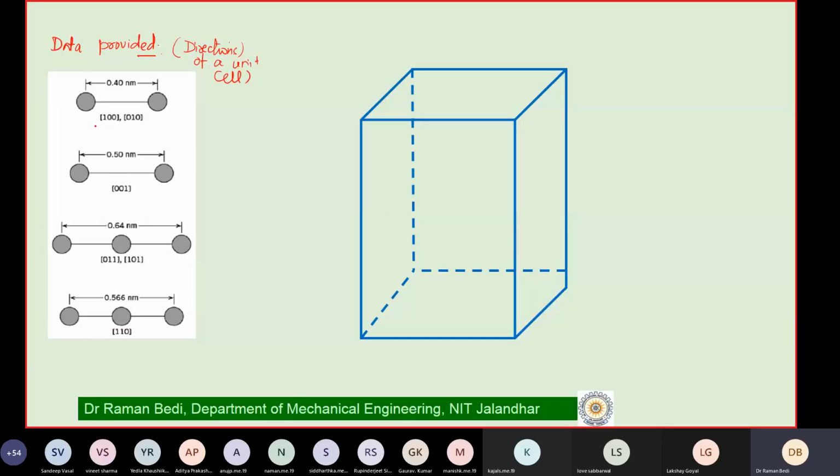The first one here is the 1, 0, 0 direction as well as the 0, 1, 0 direction, and accordingly this is 0, 0, 1. Then the next is 0, 1, 1 as well as 1, 0, 1. And the last one is 1, 1, 0. Okay, so this is the data provided.